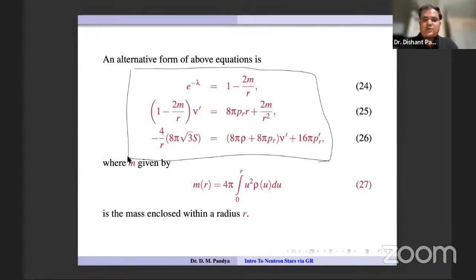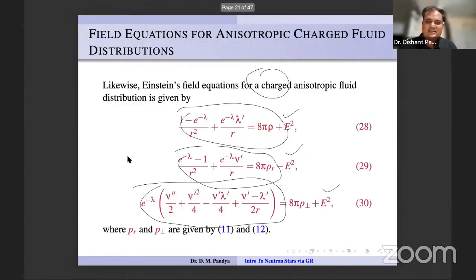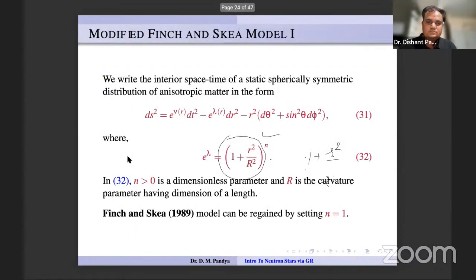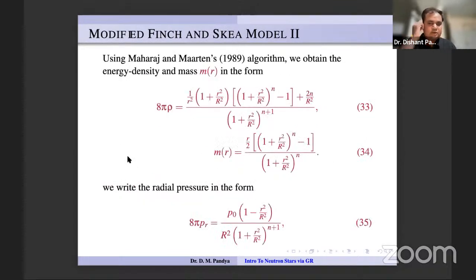You can solve these expressions and you can find the density part. So 8 pi rho is equal to this. When I consider 1 plus r square by R square to the power n and simplify it, I will get the expression of density to be equal to this, equation number 33. Similarly, the mass is connected with this relation, and radial pressure will be in this form.